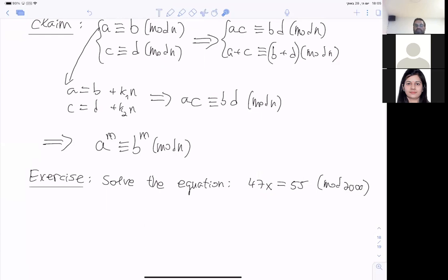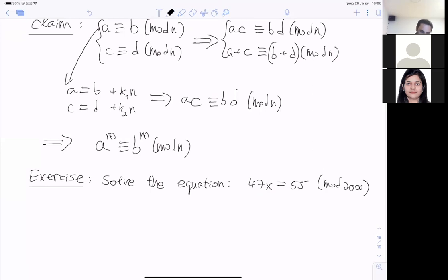So the trick is to find some, maybe not x, y, that gives you 1 modulo 2000. And then you have just to multiply this y with 55. I mean, first get to the central bus station. This is 1. Once you get to 1, it's not a problem from here to get anywhere. Okay, this is the trick.